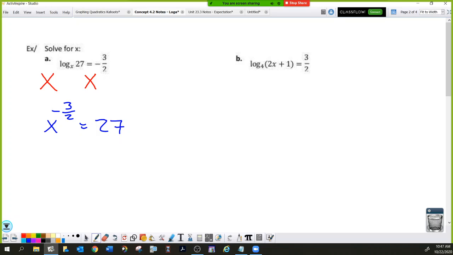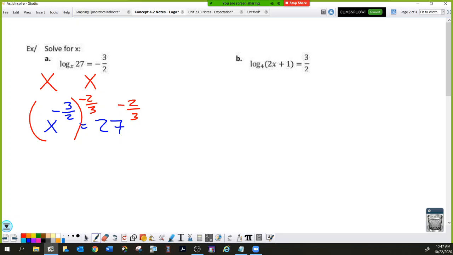So when you had x to the second, how did you cancel the power of 2? Its reciprocal. Because when you raise a power to a power, you multiply. That's why the square root cancels the square, because they're reciprocals. That's why that works.